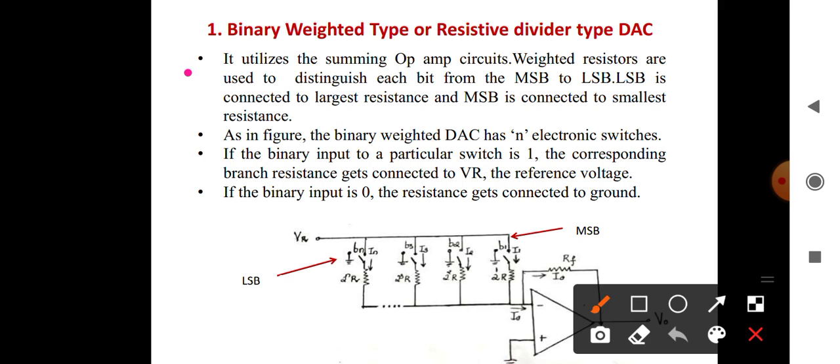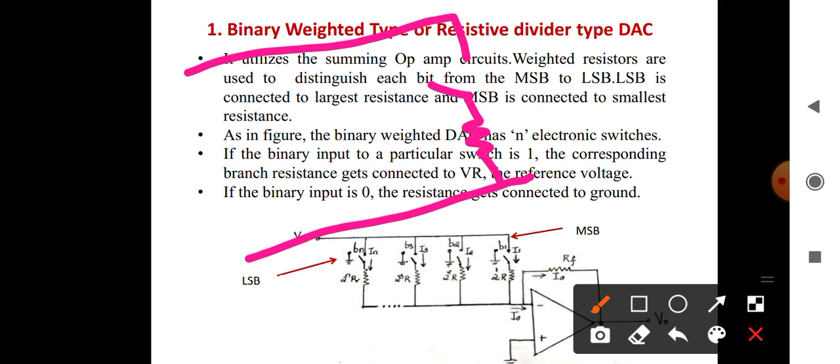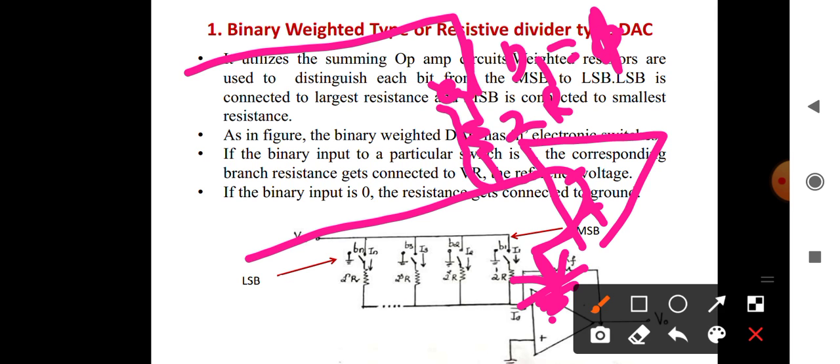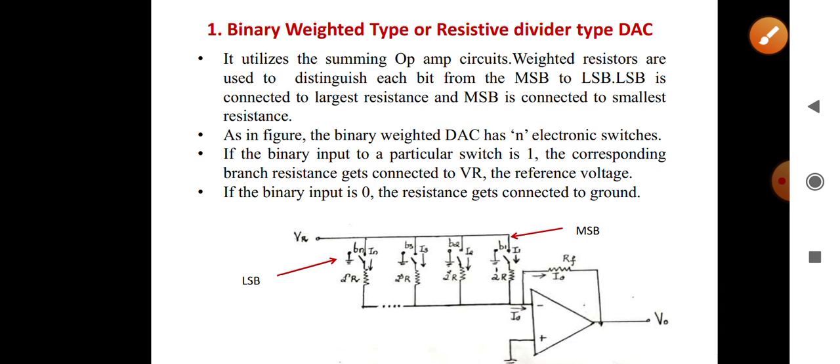If it is connected like this, it goes to the negative part of the op-amp, and the positive part is connected to the ground. If B1 is 0, then 2R is being connected to the ground. If B1 is 1, then it is connected here and this connection will not work. Okay.